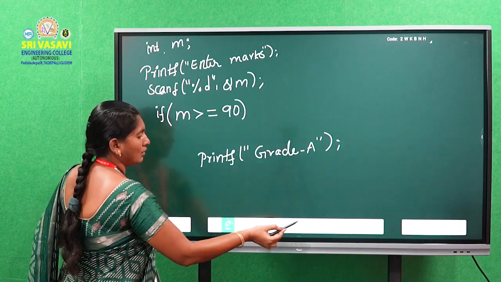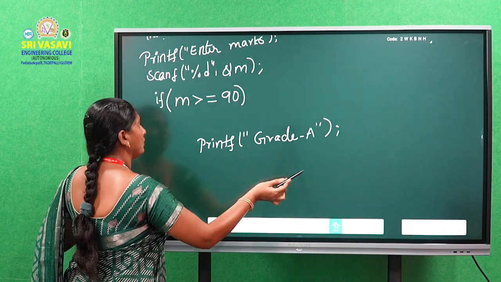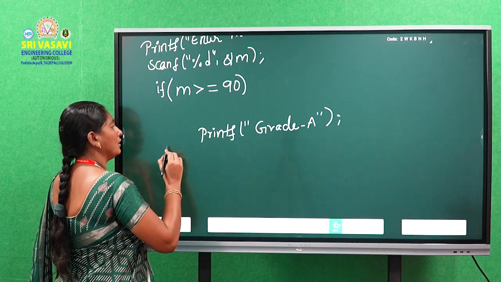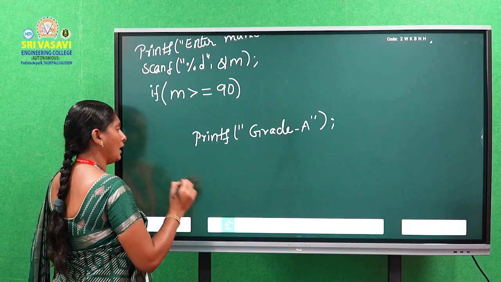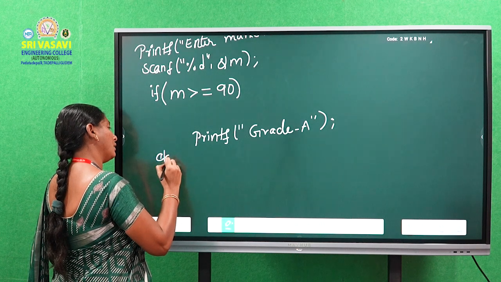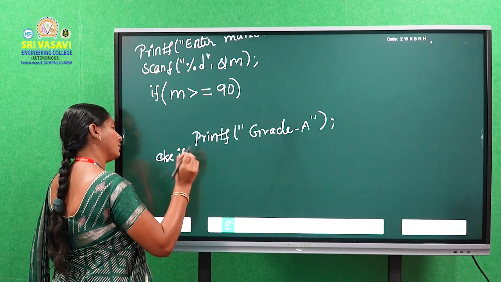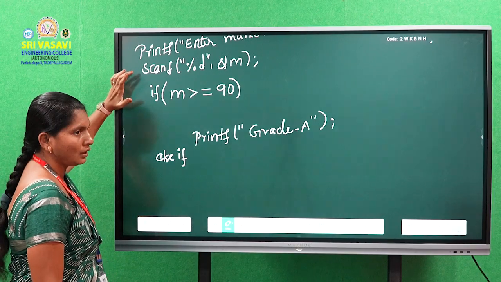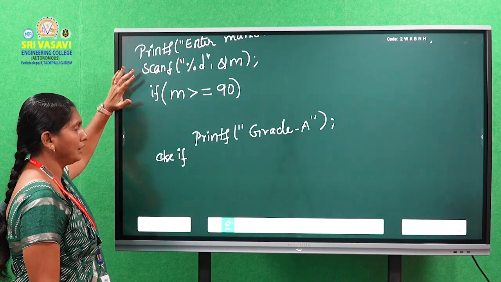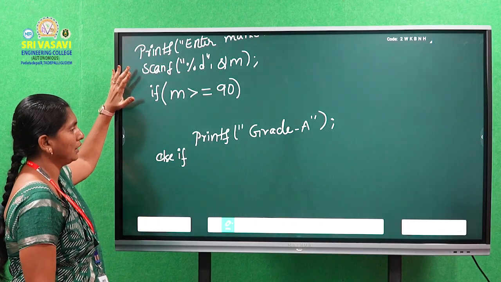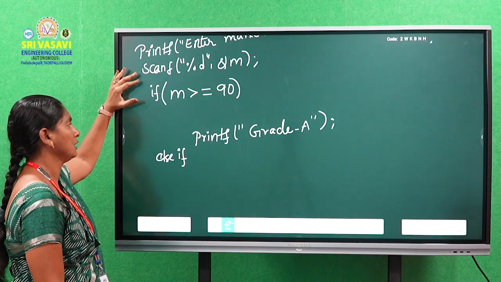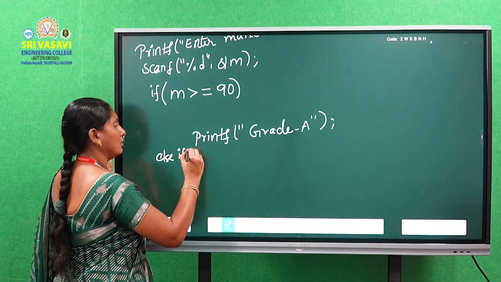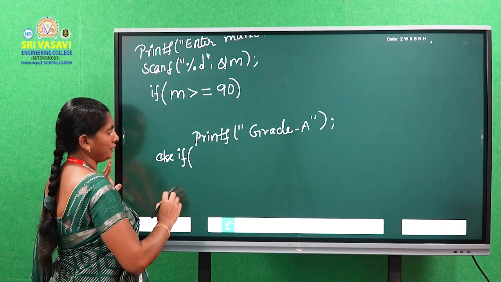Now, if the condition fails, that means the marks are not greater than 90, then you have to check another condition: else if. If you write only else, it means the marks are not greater than 90, so the marks may be 80 or 70 or 60. But that is not the case here, because we are defining various ranges.